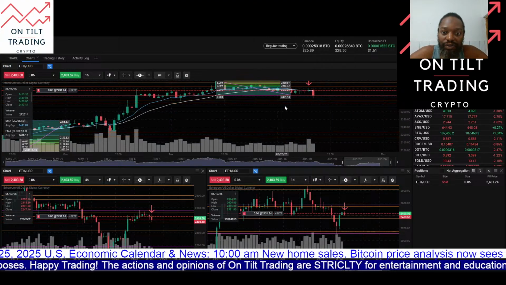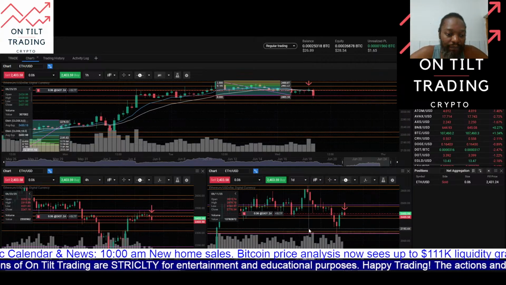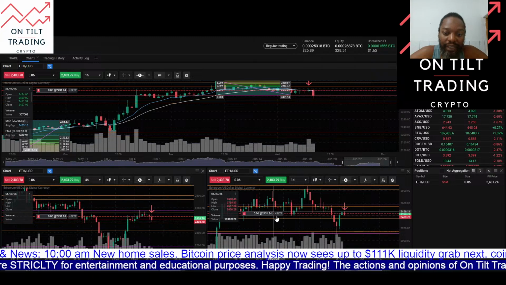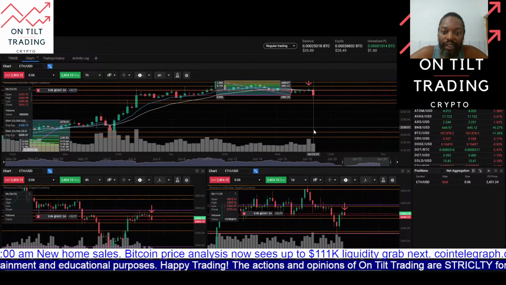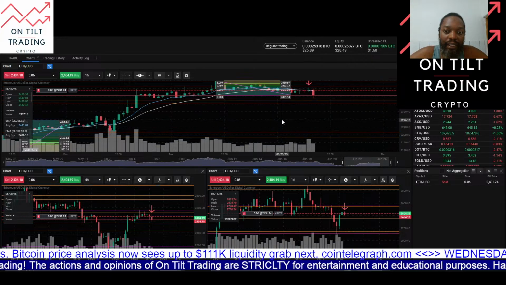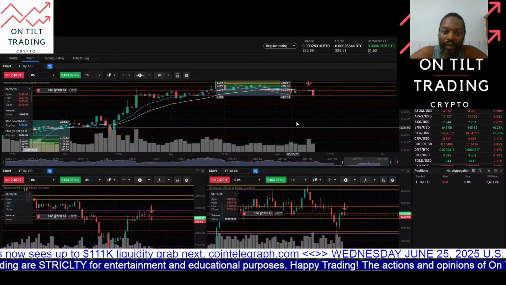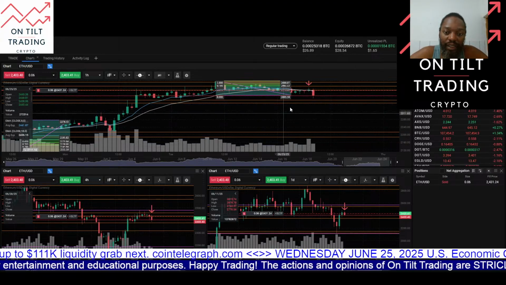So with this potential short trade, with the higher time frame swing levels located in between this area here, and the potential for Bitcoin to make a run on liquidity.